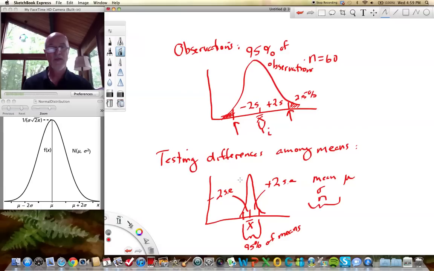And so this has the specific meaning of our confidence interval for this mean estimate x bar.